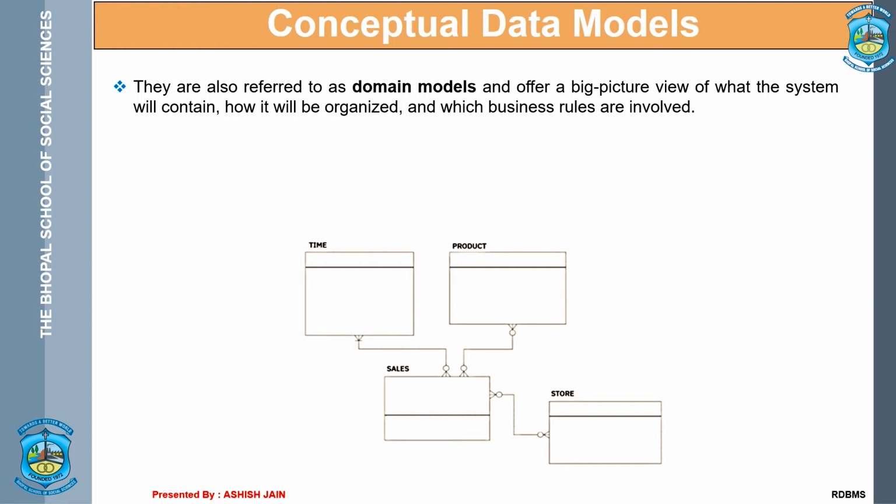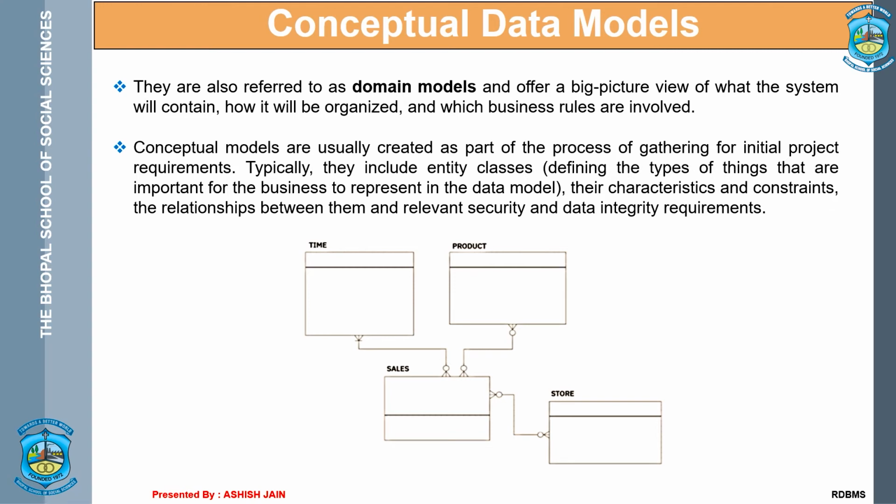For example, we have a relation among these four tables. On a broader sense, first is time, then we have the product, we have sales, and we have store. Sales depends on the time of sale as well as the product for which the sale is done, and finally the store from which the product is sourced and sent to the sales medium. So this is an overview of that structure. This is called the conceptual data model.